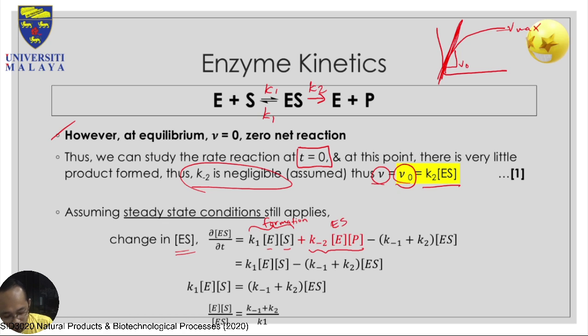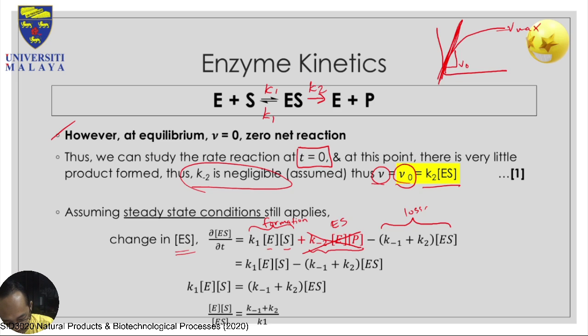But because we consider that as t 0 with very little product formation, we take out that representation. Minus K minus 1 plus K2 times ES is the loss, we are talking just about the ES, the loss of the enzyme substrate complex.